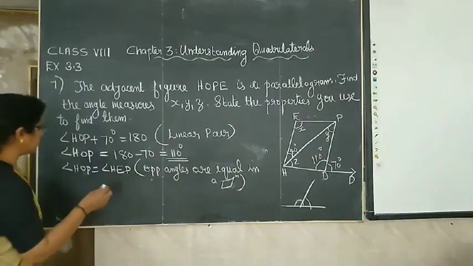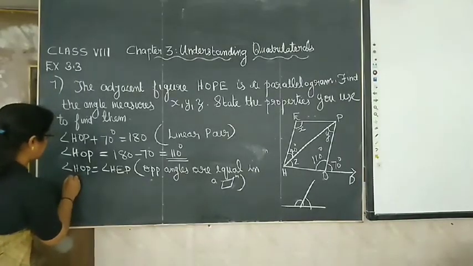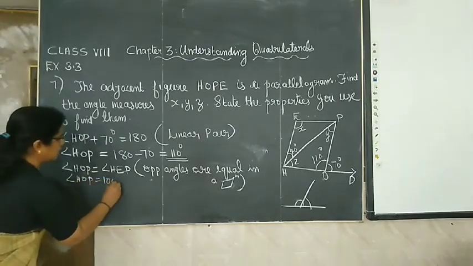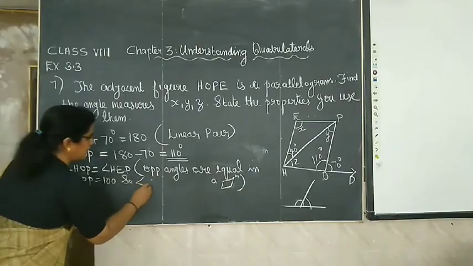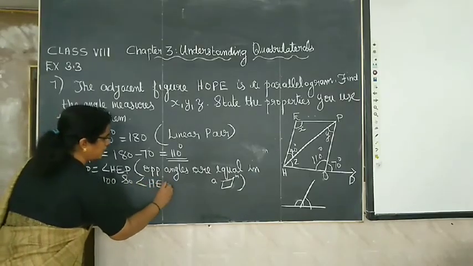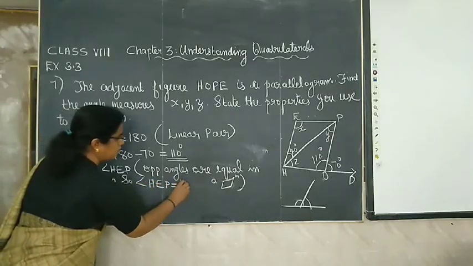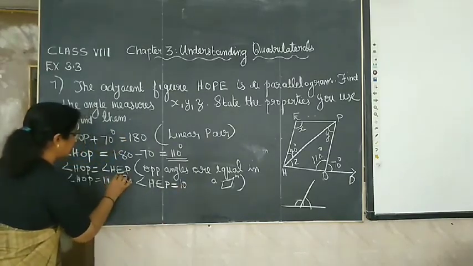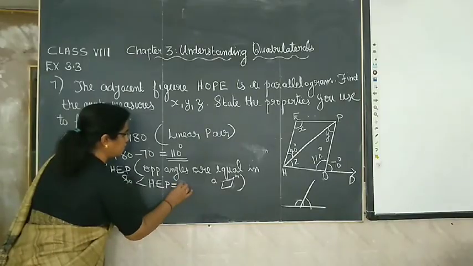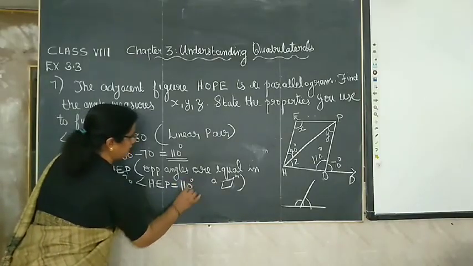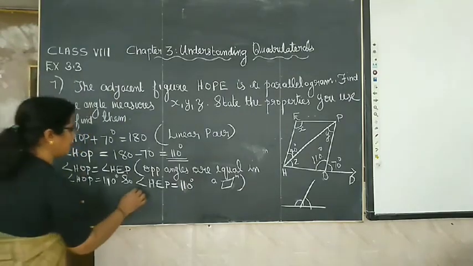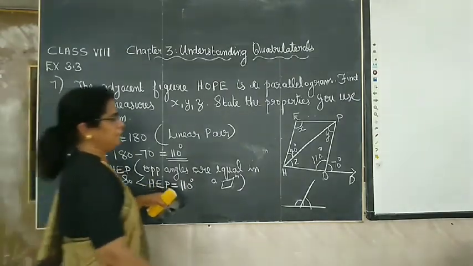Now HOP is 110. So angle HEP, that is also 110. HEP is also 110 degrees. That is, we got X equal to angle HEP.